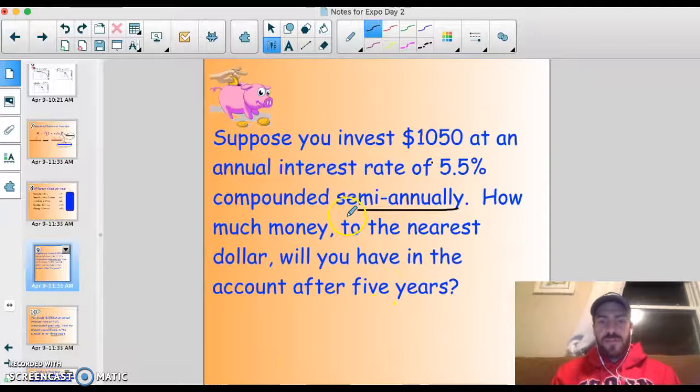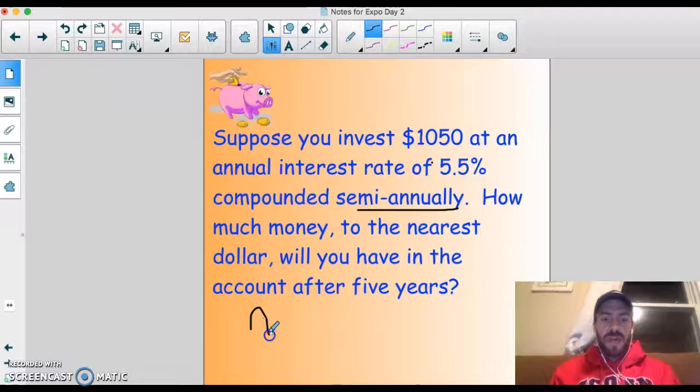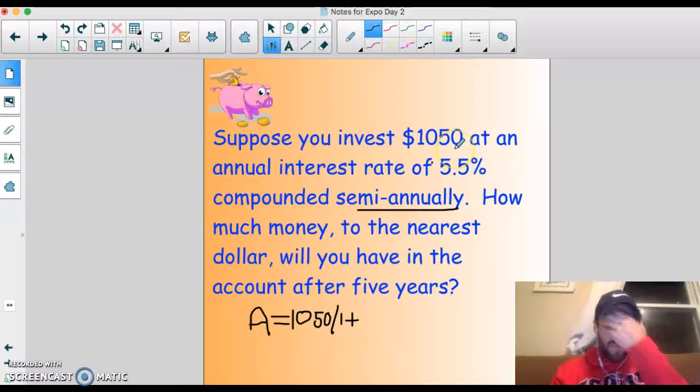So the nice thing with compound interest is you just follow this formula. A, the amount in your account, equals our P. Well, P here is 1,050 because that's our initial, that's our principal. Times 1 plus our R. Remember, our R is this rate, but it can't be a percentage.